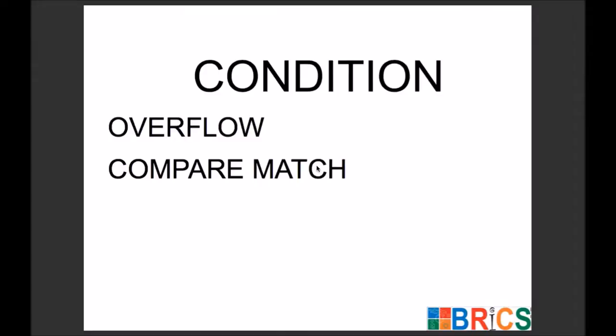Inside our microcontroller we have two interrupts. One is called overflow interrupt and the second is called compare match interrupt. Whenever the overflow condition occurs, the overflow interrupt will run, and whenever there is a compare match condition, the compare match interrupt will run.